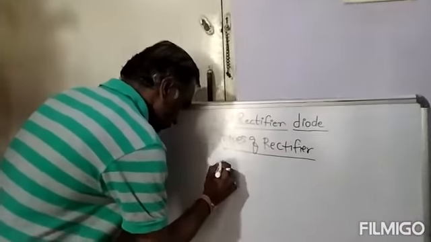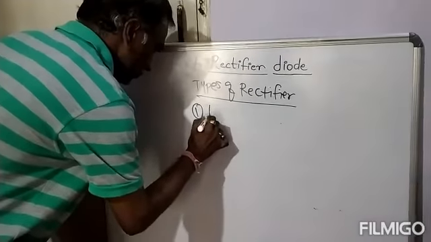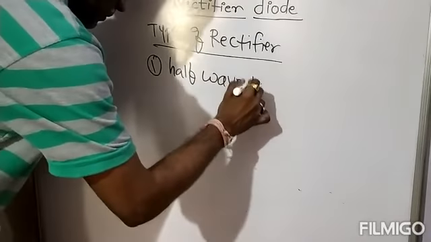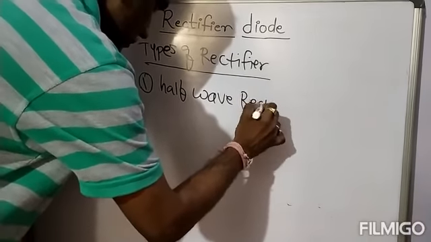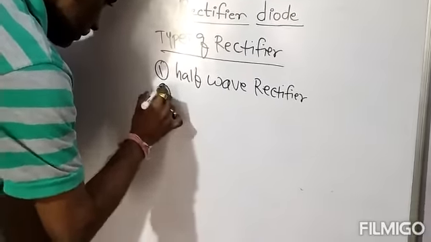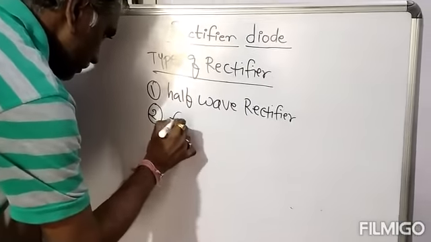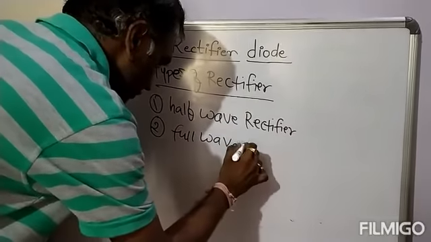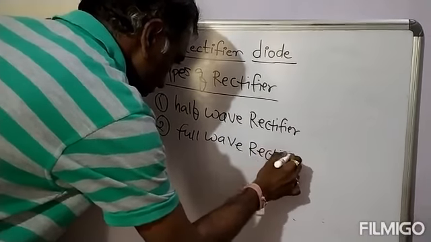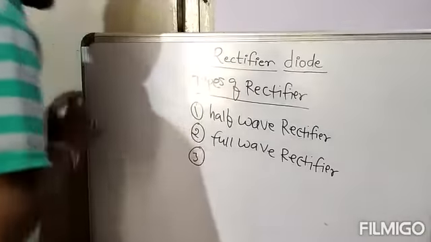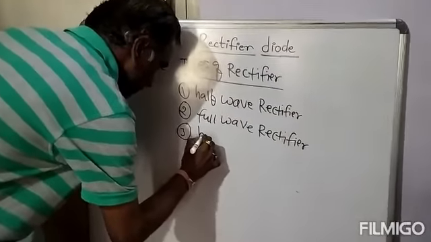First one is half wave, second one is full wave, and third one is the bridge rectifier.